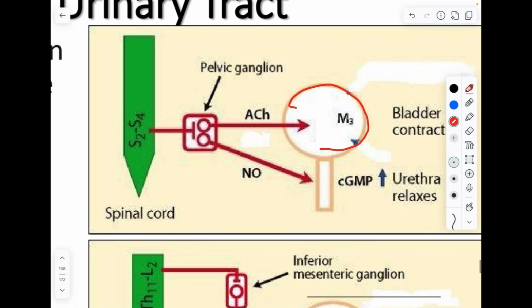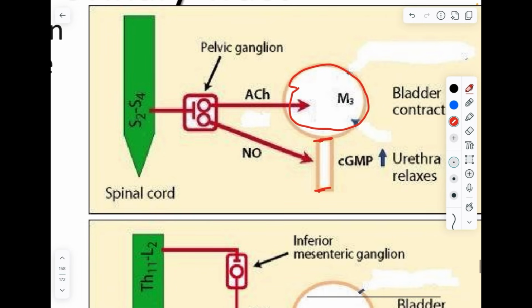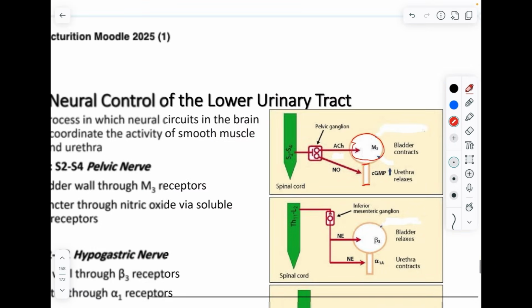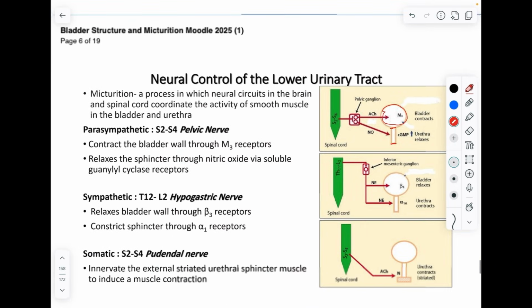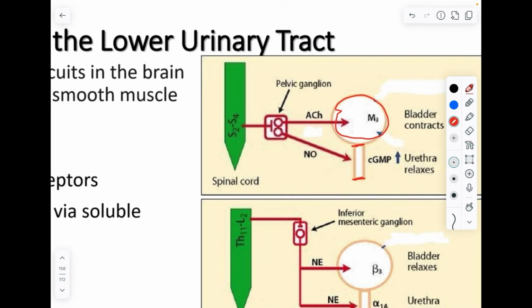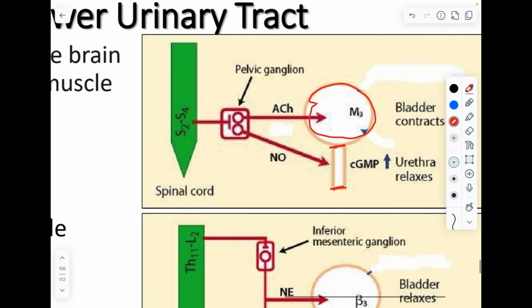A detrusor muscle that controls the bladder itself, an internal sphincter that's involuntarily controlled, and an external sphincter that's voluntarily controlled by the somatic nerves. Okay, so what's the innervation here, and what does each of these guys do?